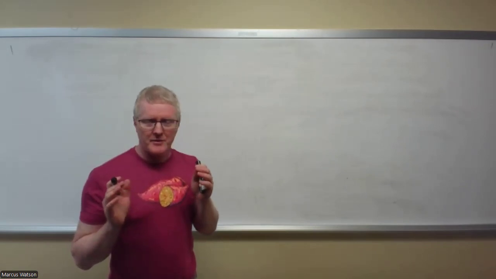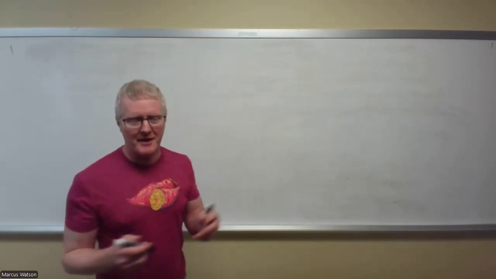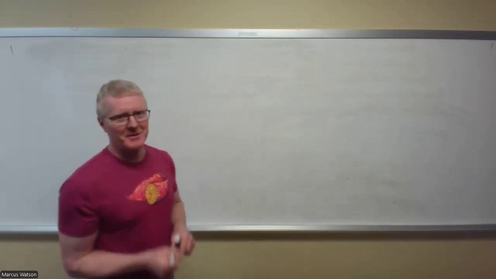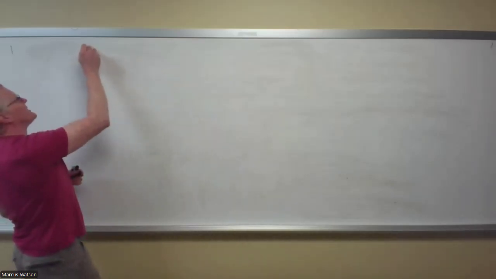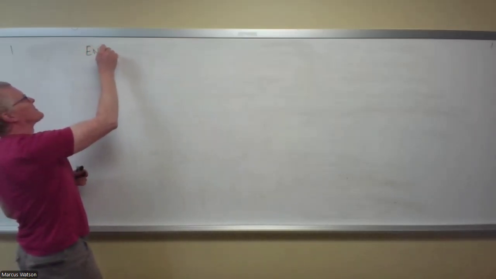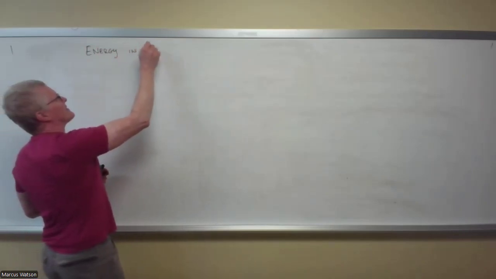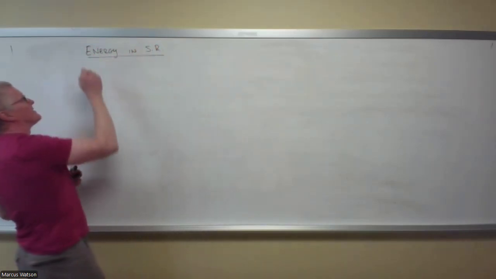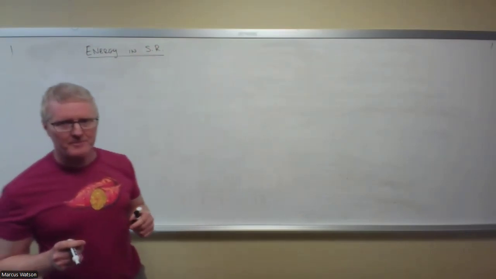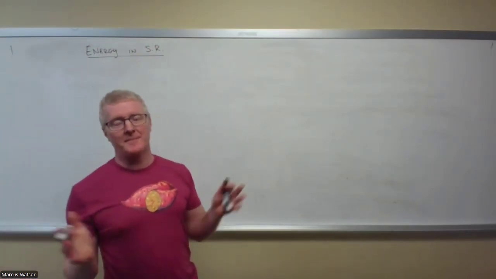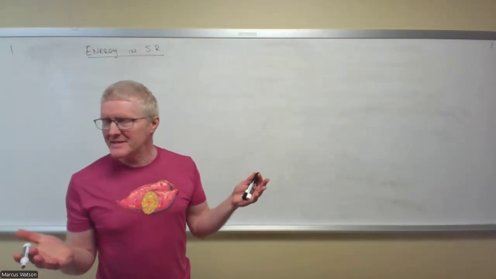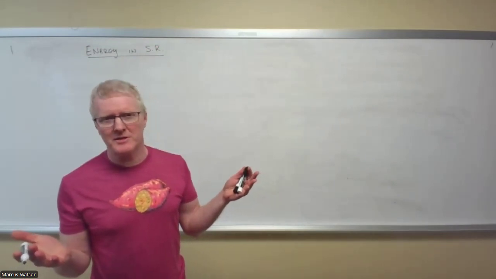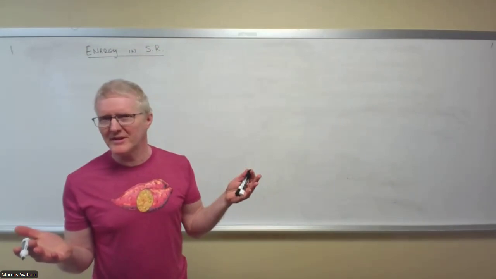So I think with special relativity, I do have to say this is a bit of an oversight that I forgot about this, but energy in special relativity is basically one of two types, and this is probably the most famous equation that there is.